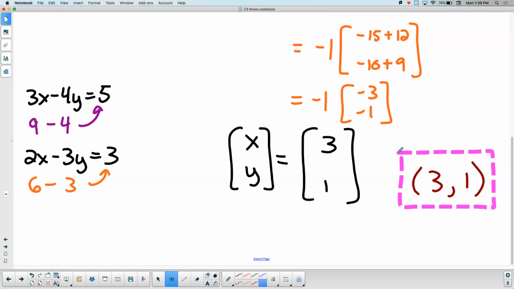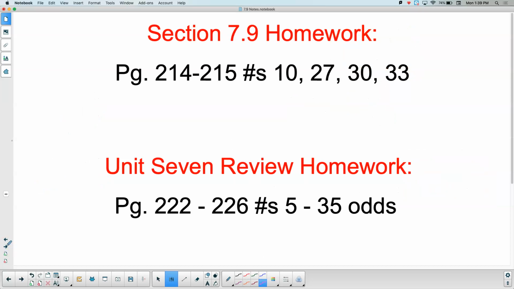Okay. Questions, comments, concerns? Need me to scroll back up? Good. Okay. I'm giving you 2 homeworks today. The first homework that I'm giving you is this one, and that one is due on Wednesday.